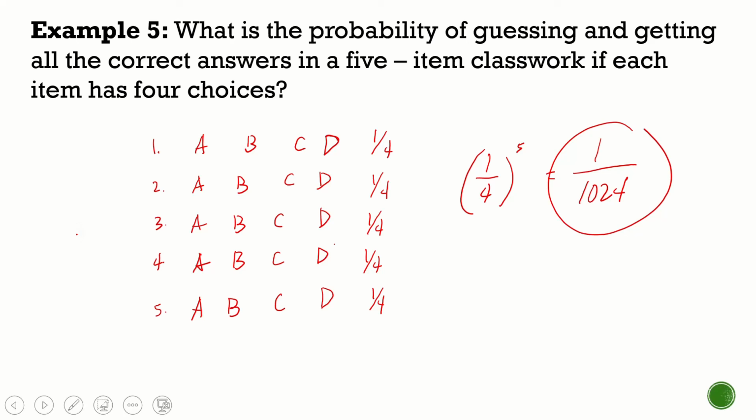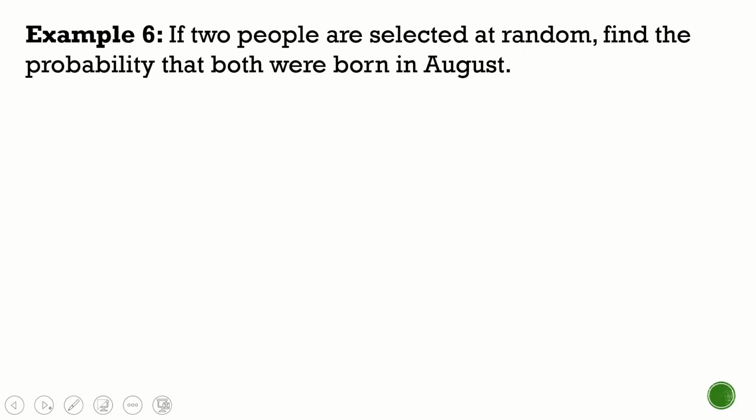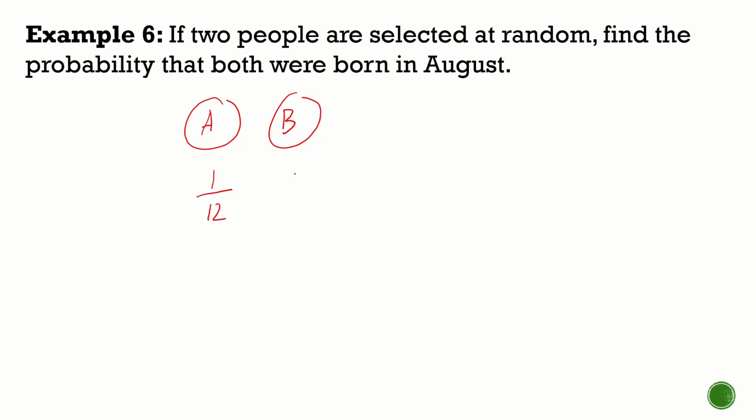All right. Let's go to the last example here. If two people are selected at random, find the probability that both were born in August. So person number 1, let's say A, person number 2 is B. So August is the desired outcome. There's only one August in how many months? 12, that is correct. So the first is not going to affect the probability of the second one.